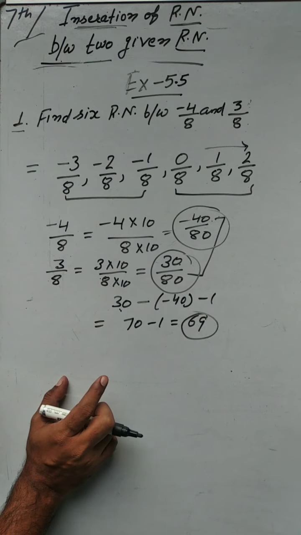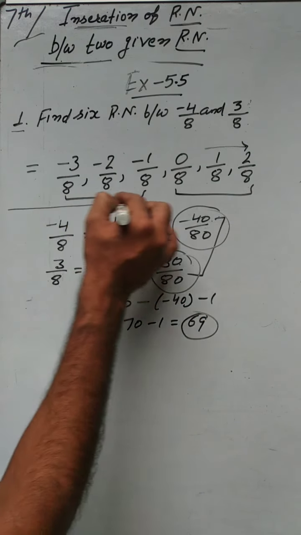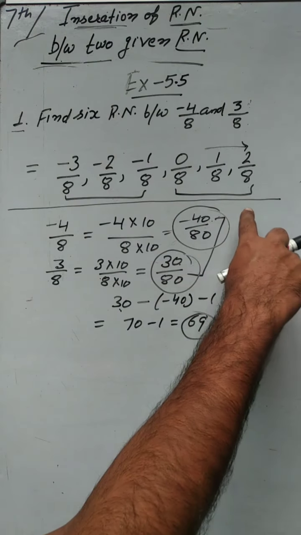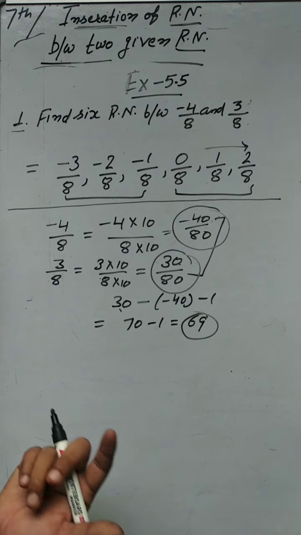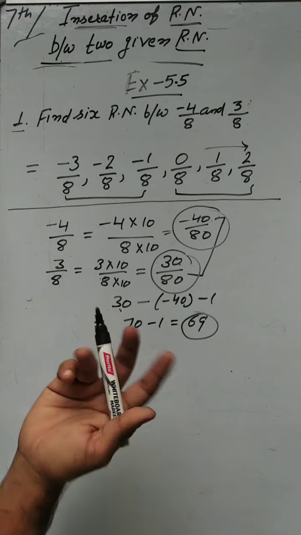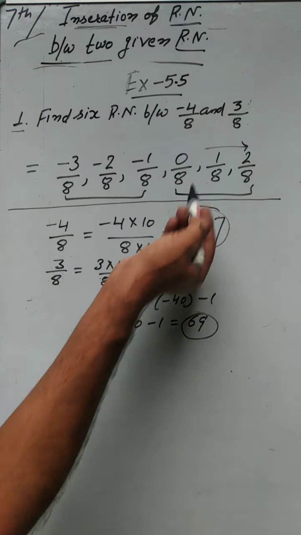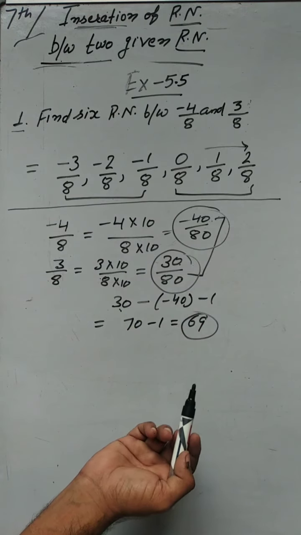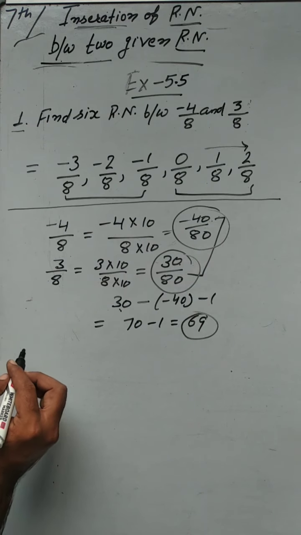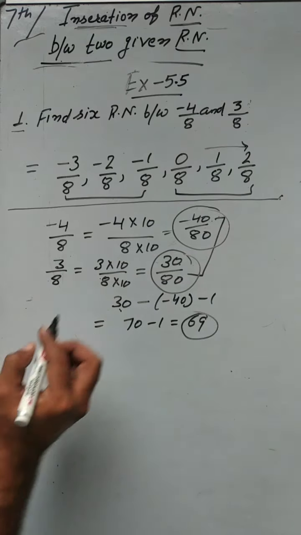Okay beta, understood? But your question is complete up to here. This is the extra part. Sometimes in the exam they can ask to find more rational numbers than 6, then you have to proceed in that way. Clear beta? Your question is complete up to here.